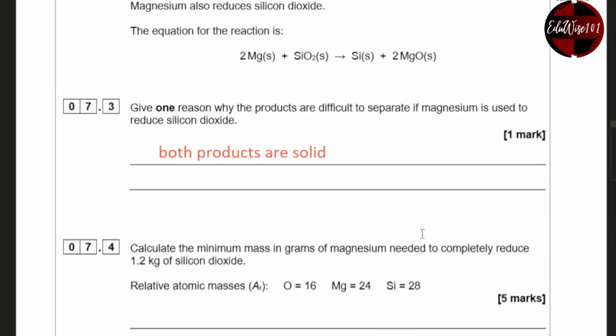If I rewrite this equation below: 2 Mg solid, state symbols will be important, plus SiO2 solid gives Si, or silicon, which is a solid, plus 2 MgO, the solid.